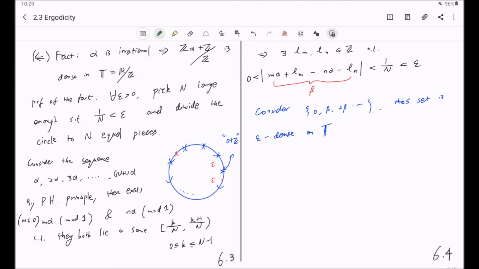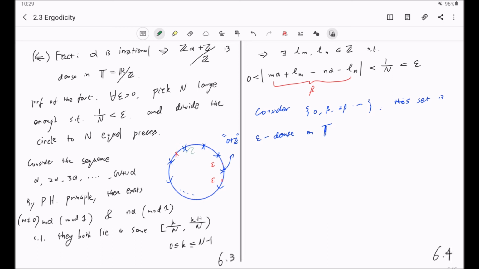And why is that true? That is because our beta is somewhere in here or here. So if you take the multiple, you will move around this circle and you fall into every arc on this circle of length 1 over n. And 1 over n is less than epsilon. So you can always find an integer such that that integer multiple of beta falls into any given arc.